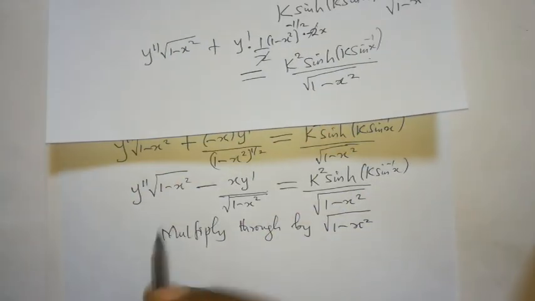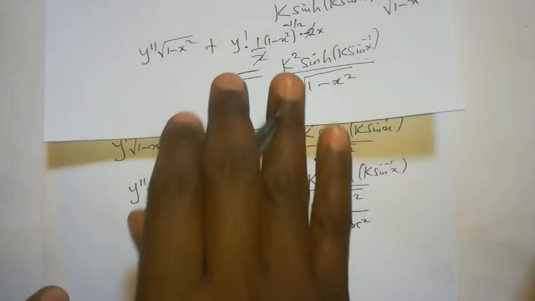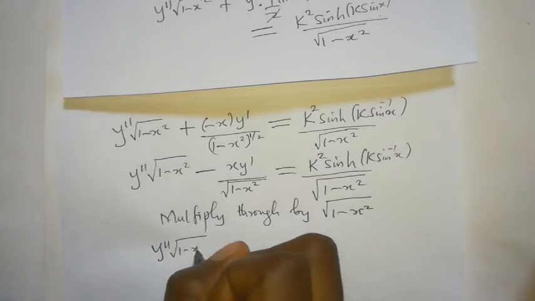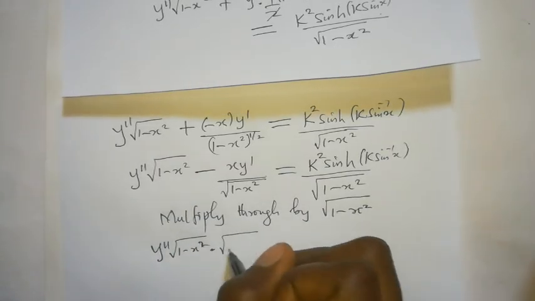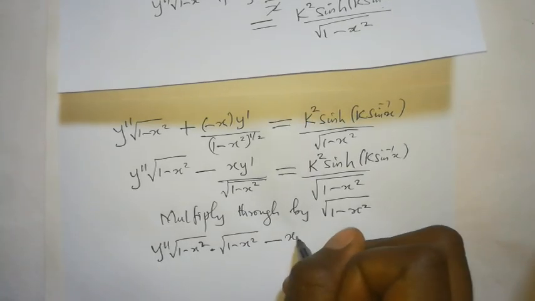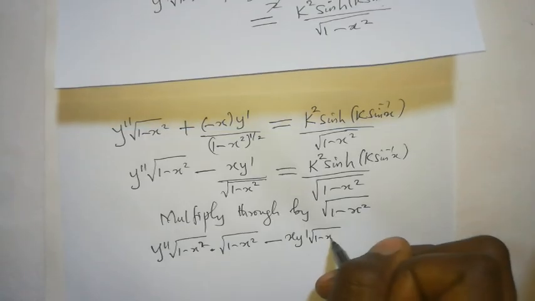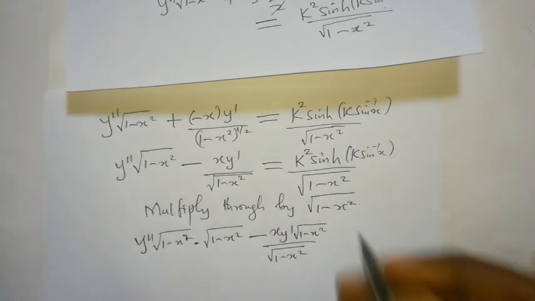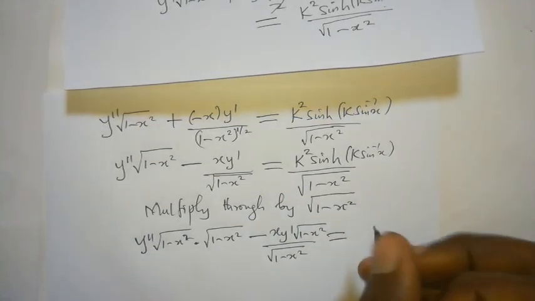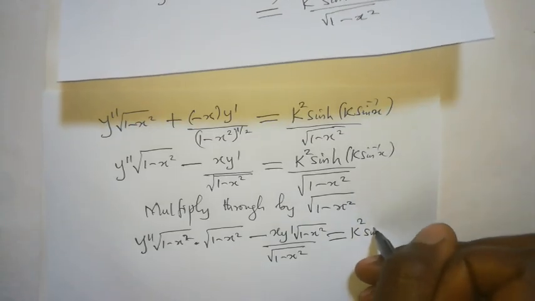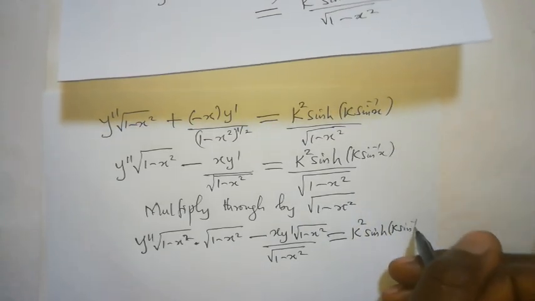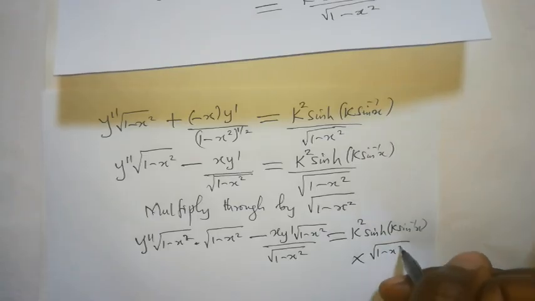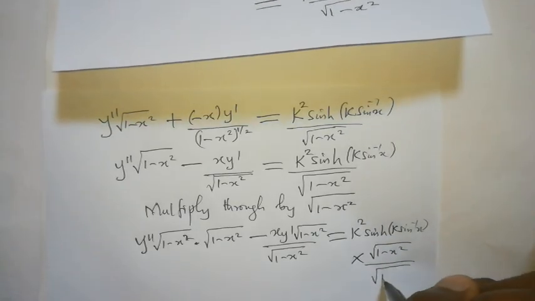So in that case, when multiplying, we are going to have what? y prime prime square root of 1 minus x squared dot square root of 1 minus x squared minus x y prime square root of 1 minus x squared all over square root of 1 minus x squared, which is going to be equal to k squared sine k sine inverse of x times square root of 1 minus x squared all over square root of 1 minus x squared.